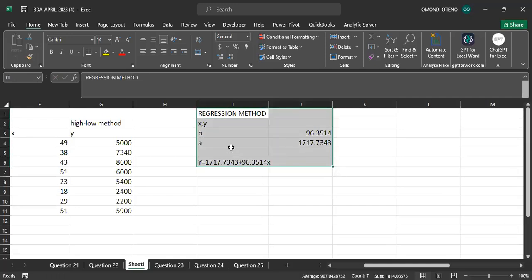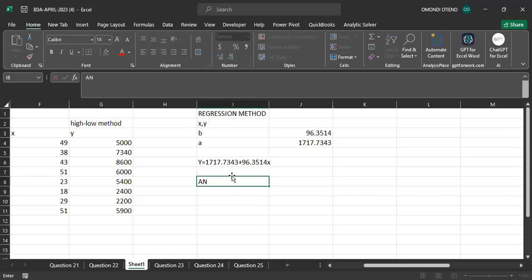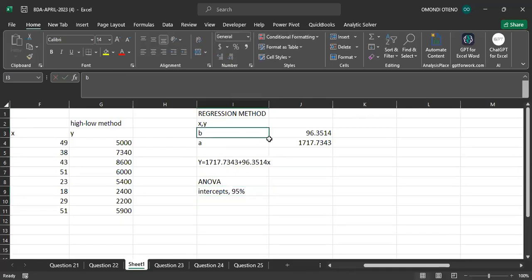But remember the limitations of this method. You will not be able to get what we call ANOVA. You will not be able to get the intercepts at the 95% confidence level, the lower and the upper, when you use this simplified function to come up with the cost function.